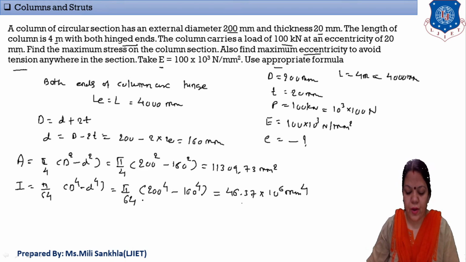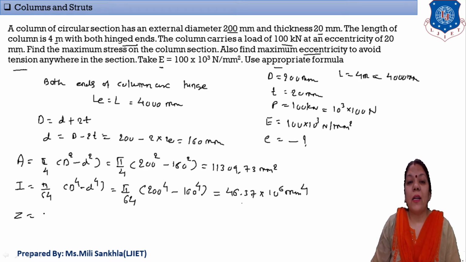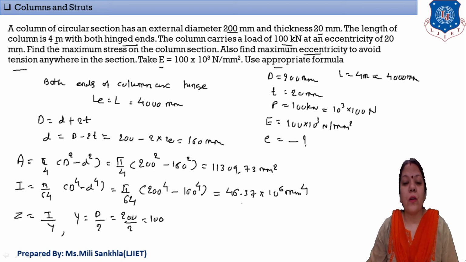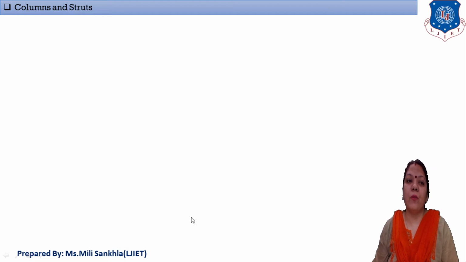Now here we find Z. Z is our section modulus, and that is equal to I by y. Now what is the value of y here? y is the maximum distance from the center, that is capital D by 2, and capital D is 200, so 200 by 2 is equal to 100 mm. Next we find our section modulus. Here Z means section modulus.